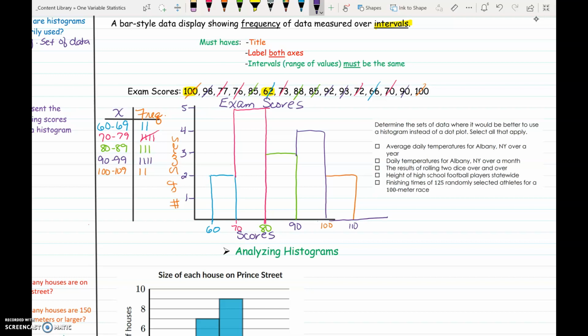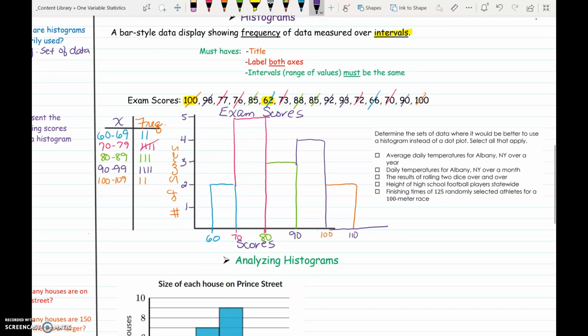Okay, so differences between a histogram and a bar graph. This is a histogram. Everything is touching. No, you don't shade in the bars. On a bar graph, there'll be a space in between here. Now, bar graphs are usually used when we have categorical data.